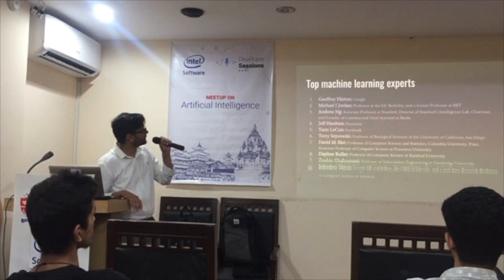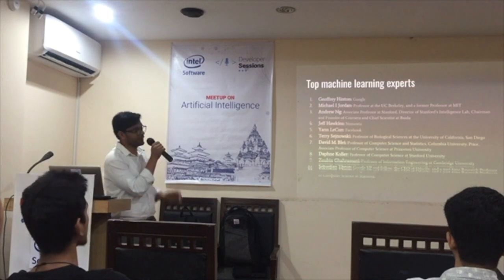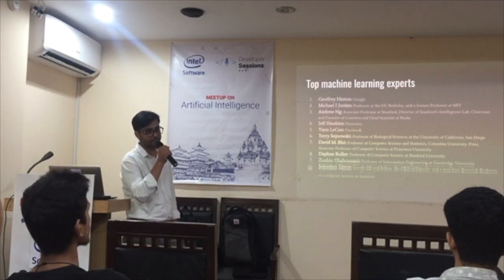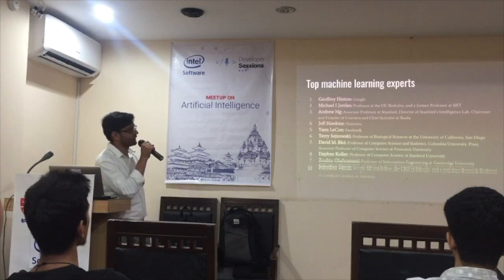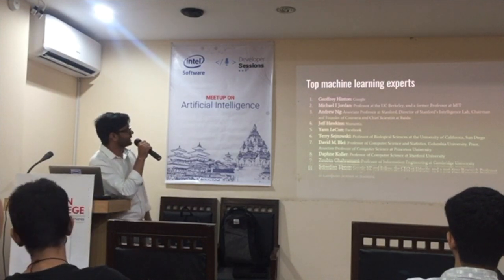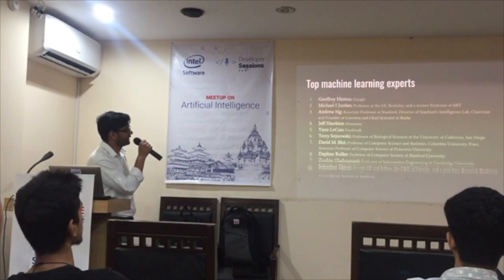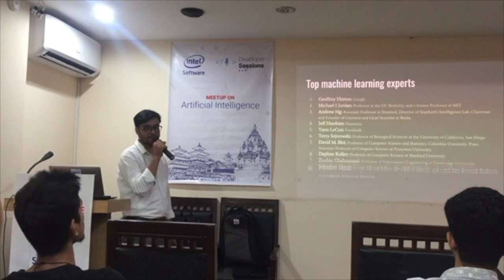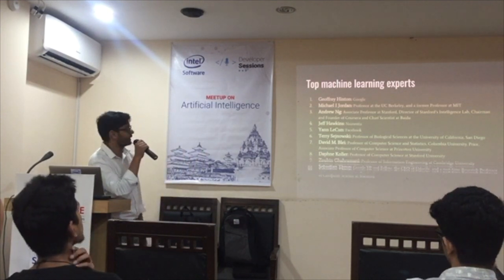There are top machine learning experts in the world, like Geoffrey Hinton. He is on the Google Brain team today, and he is the inventor of many deep learning technologies. Like Michael Jordan, he is a professor at UC Berkeley. Andrew Ng, you have probably heard about him. He is a machine learning hero.